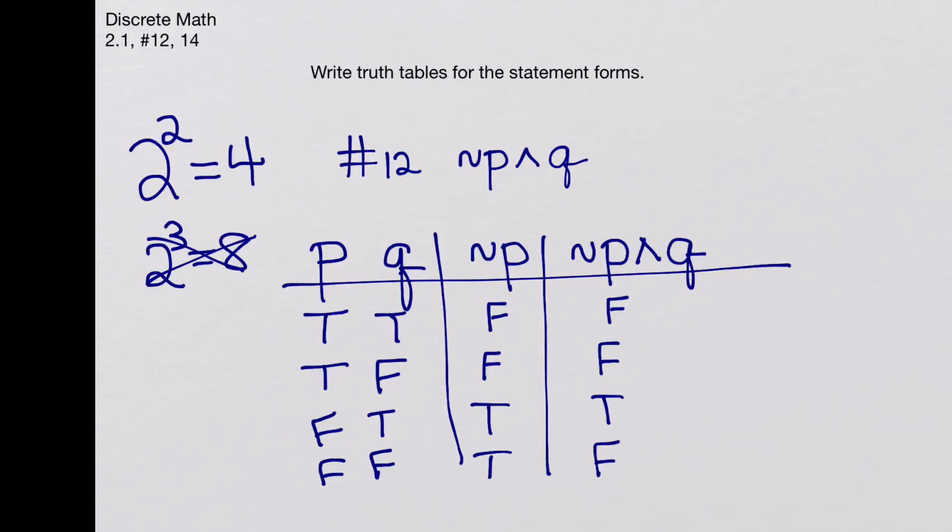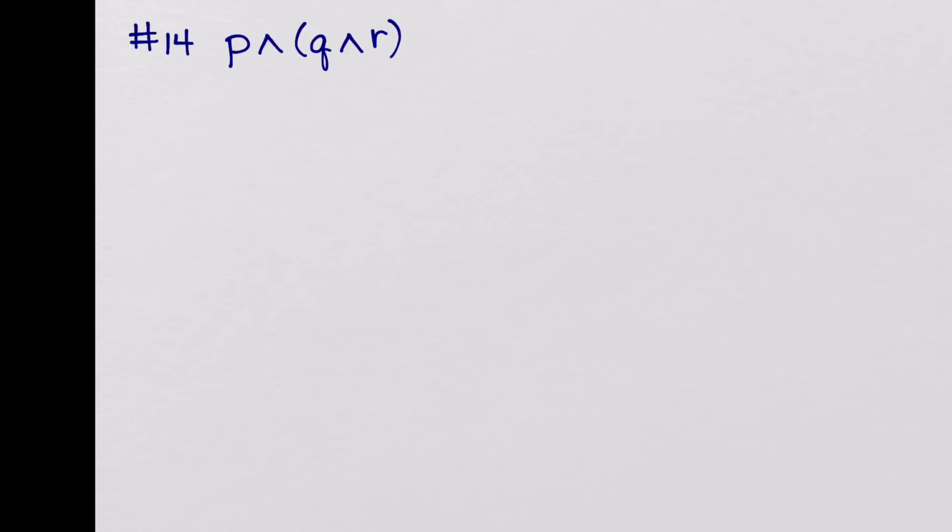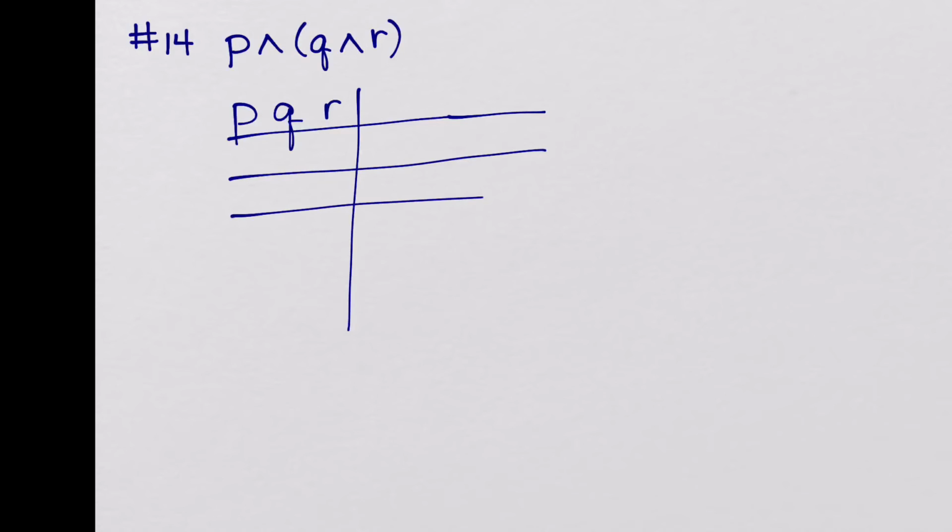Now let's take a look at number 14. Here we have P and Q and R, and again, because we have 3 different variables, there will be 8 rows to the truth table. So I have P, Q, and R. And because I have so many variables here, it's kind of hard to keep this in alignment.